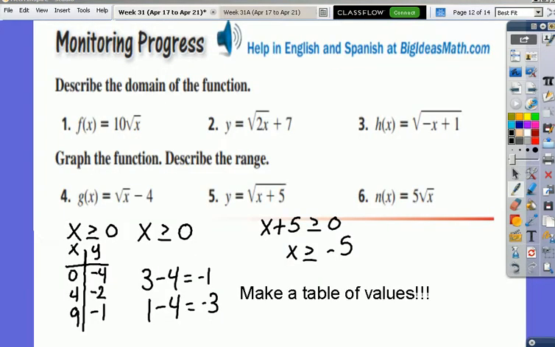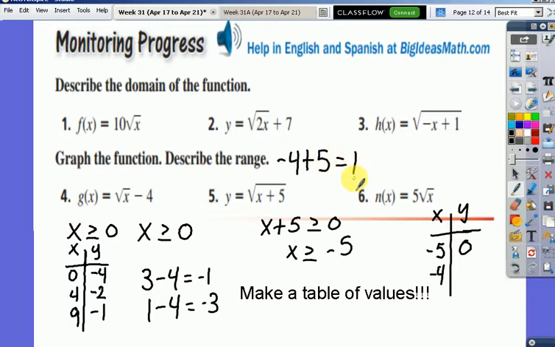Okay, so we're looking at some practicalities here. The tricky part with these graphing ones is you really want to check values that you're easily able to take the square root of. So I know, for example, that x has to be greater than or equal to -5. I could do -5, I get 0. -4: -4 plus 5 is 1.